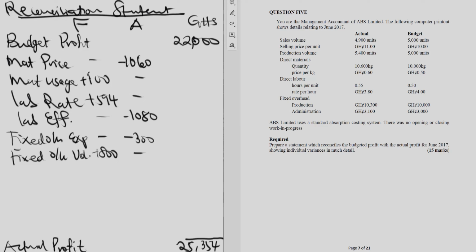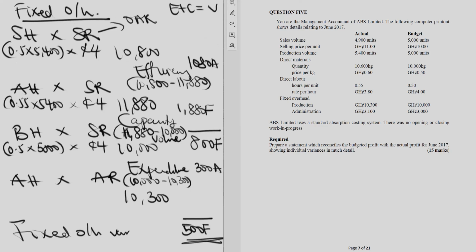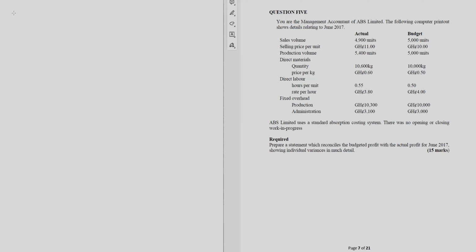It's up to you. Now, the fixed overhead variances can be used to compile what we call control ratios. So you see how I've arranged them. You can use them to compile control ratios, and let me show you how to do that. It's very easy. I'm only looking at the hourly part, the hours that were used, the efficiency and the capacity part. The volume part can be broken into ratios.